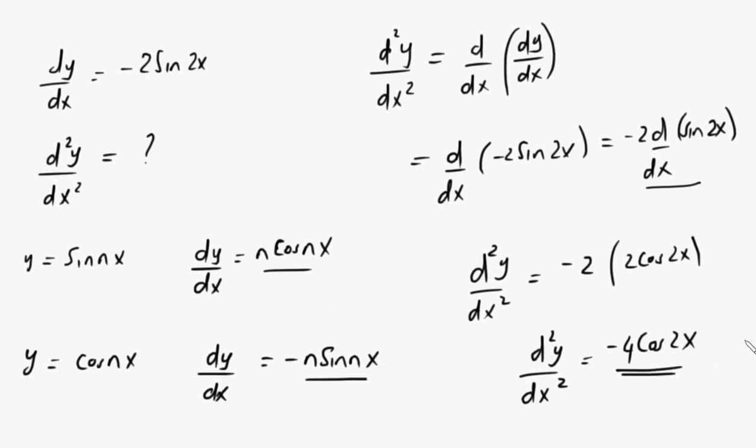So this one is the second derivative. Now I'm going to look for the third derivative. It means I have to differentiate the second derivative. So I found that the second derivative is equal to negative 4 cos of 2x.